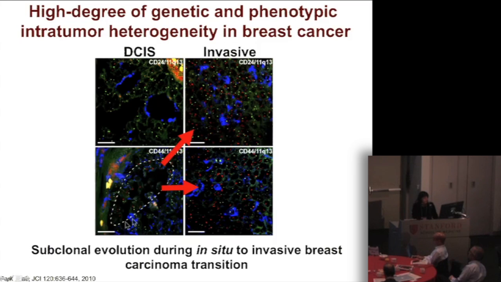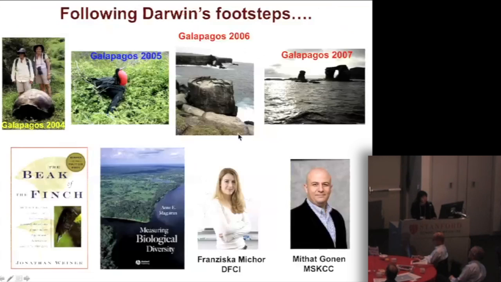I'll show you a nice example where we saw a clone that was a minority clone in a DCIS tissue, in CD44 cells, that had a gain for the 11q13 region. It became the dominant clone in the invasive region, in both the CD24 and CD44 fractions. So basically, this shows that there was a selection for these cells, and also a phenotypic switch changing the markers.